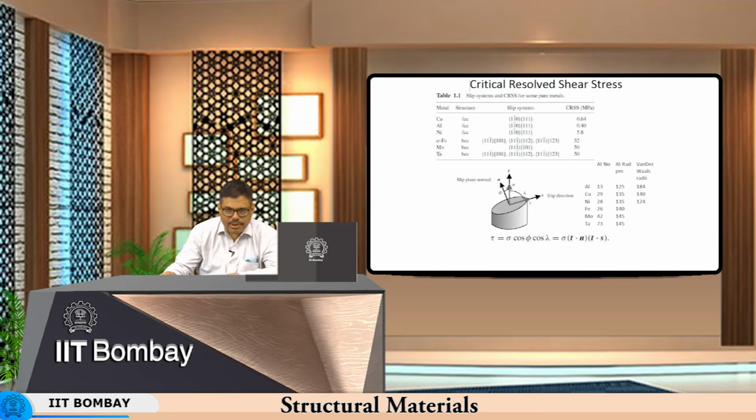So this lambda is the angle between the tensile direction and the slip direction, and so you have the shear stress as sigma, which is acting in the direction of tension. So what is sigma? Sigma is the tensile force divided by the area which is perpendicular to the direction of tension. So the cross sectional area will be at an angle phi, and therefore you have the component sigma cos phi, right.